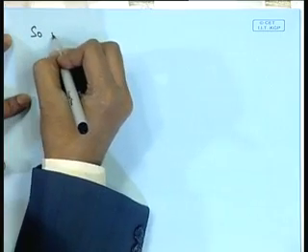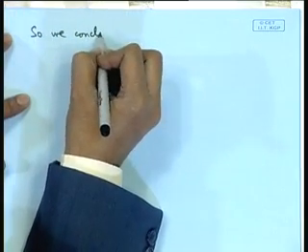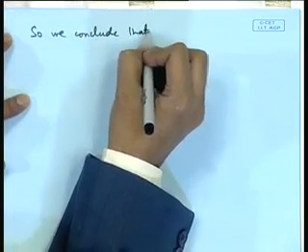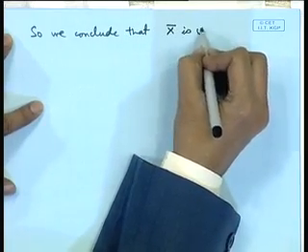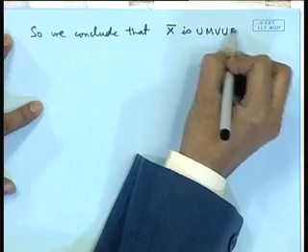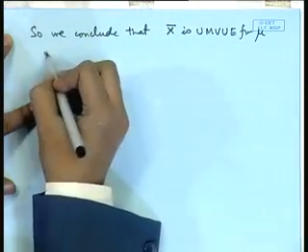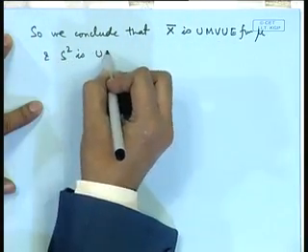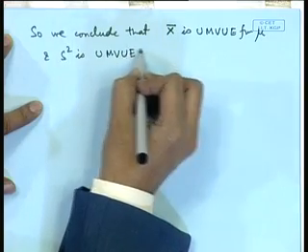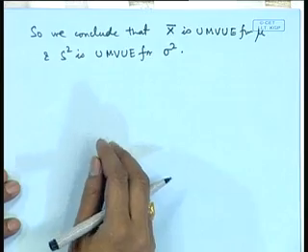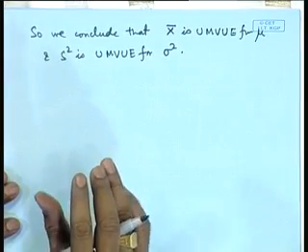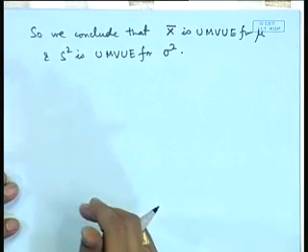So, we conclude that x bar is UMVUE for mu and s squared is UMVUE for sigma squared.